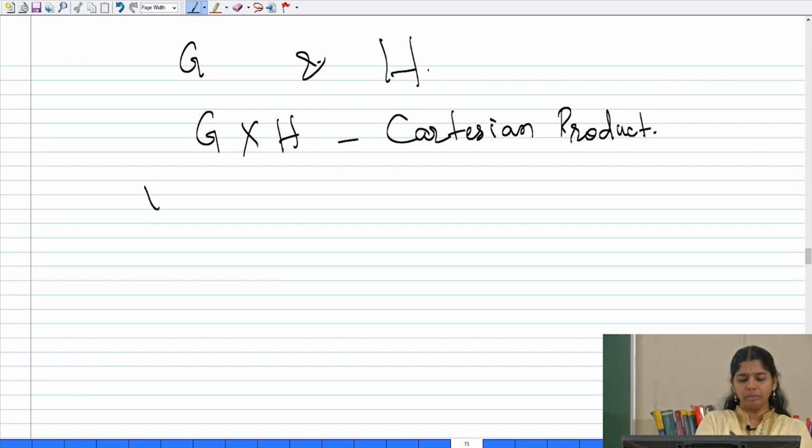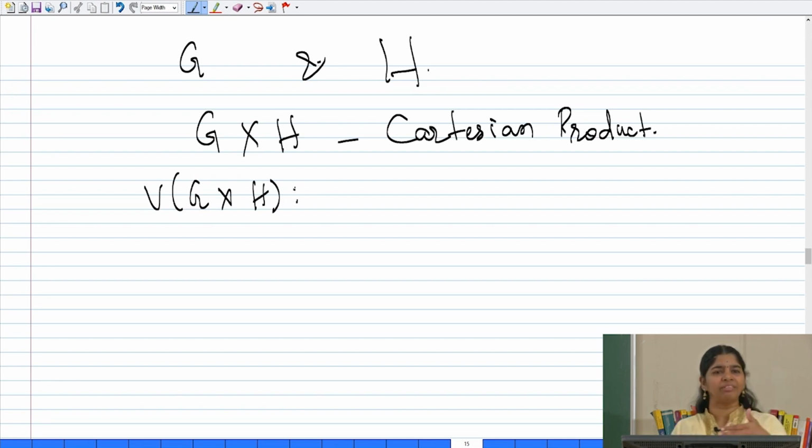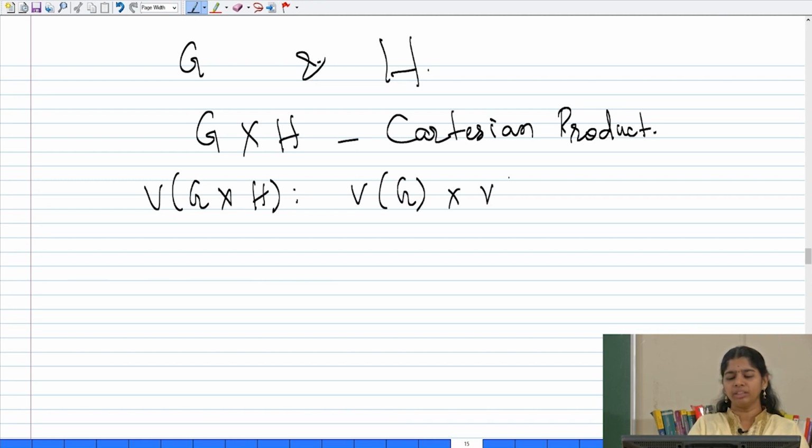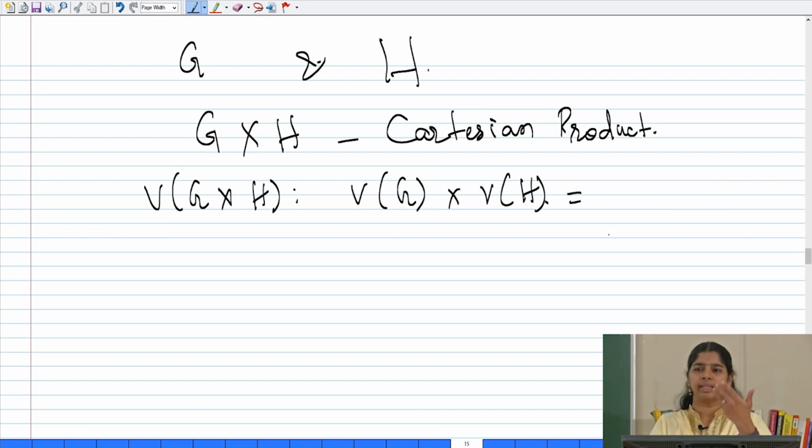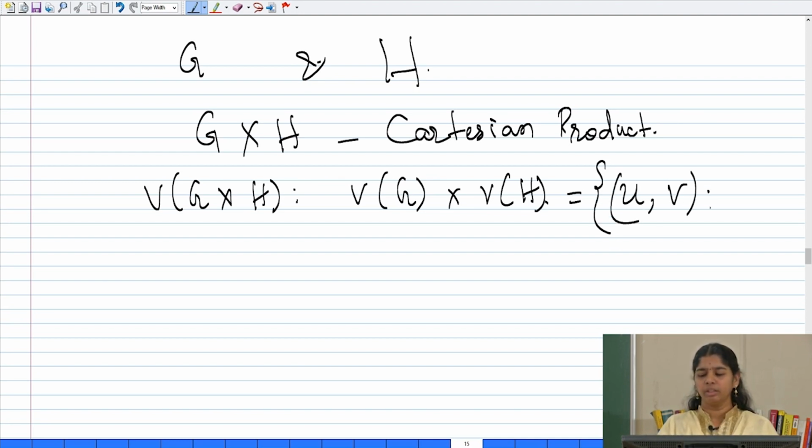So, suppose I want to look at the vertex set of G cross H. You know the definition in terms of R2, R3, all those things you have studied, R cross R. So, this is nothing but V of G cross V of H. So, the vertex set is this, you take the two sets, take the cross product of it. That means you take a vertex from G and a vertex from H, this would be the pairing that we do.